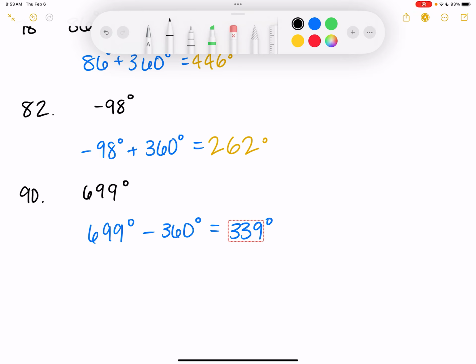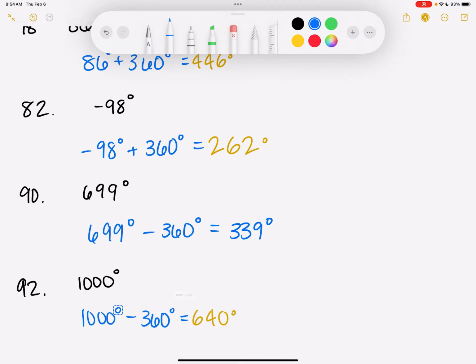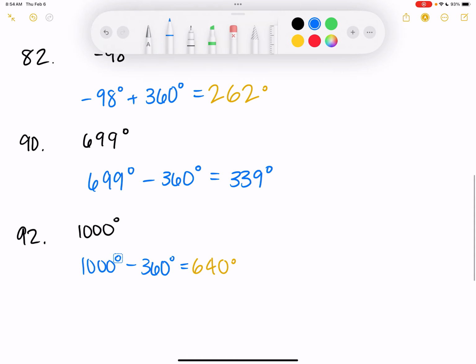But number 92 is 1,000 degrees. So I'm going to subtract 360. Okay. And I get 640 degrees. This number is still bigger than 360, so based on what the book is asking for, I need to subtract 360 again.